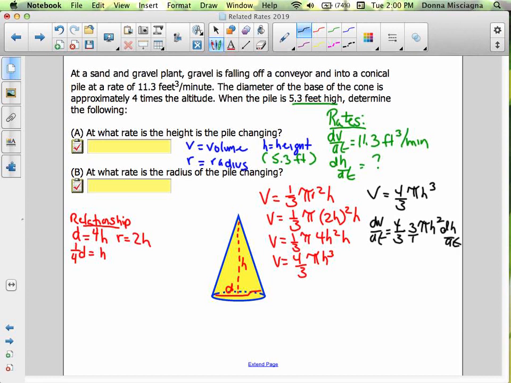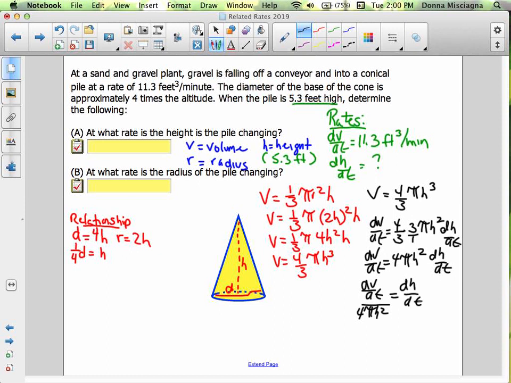Just using the power rule, the 3 moves in front and we reduce the exponent by 1. Those 3's will cancel. So dV/dt equals 4 pi h squared dH/dt. We want to solve for dH/dt, so we have dV/dt divided by 4 pi h squared equals dH/dt.